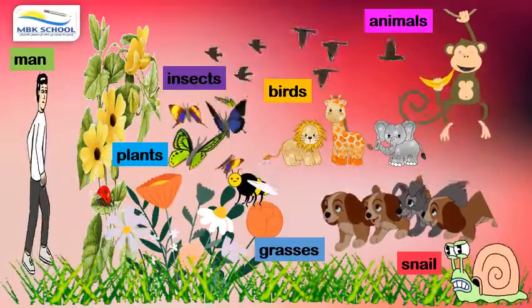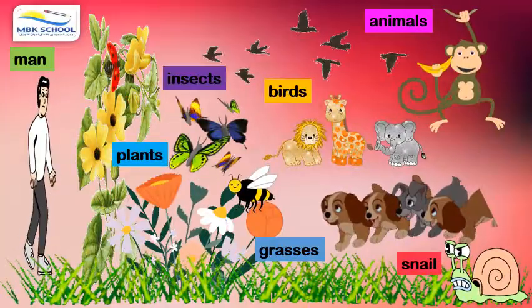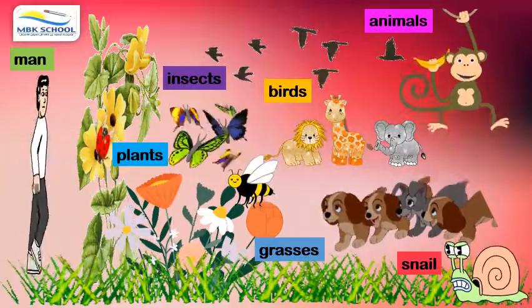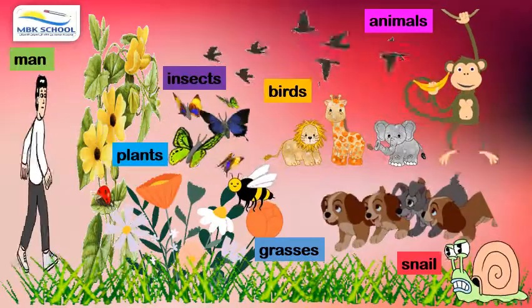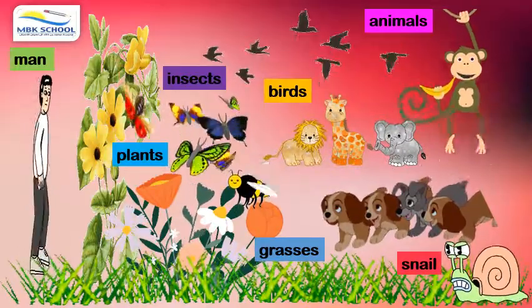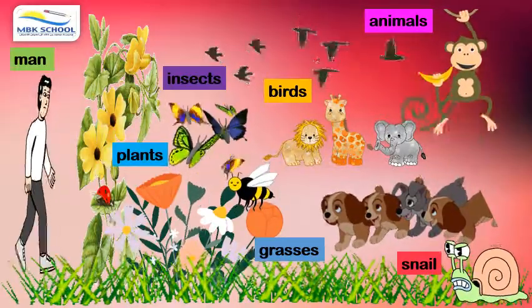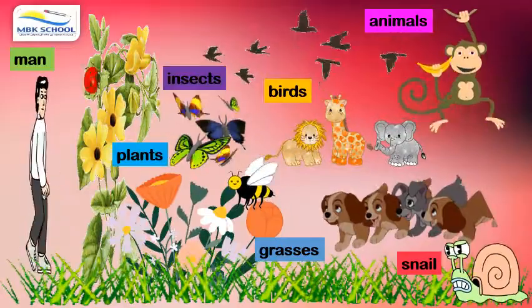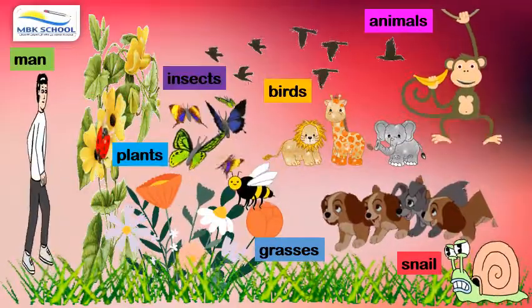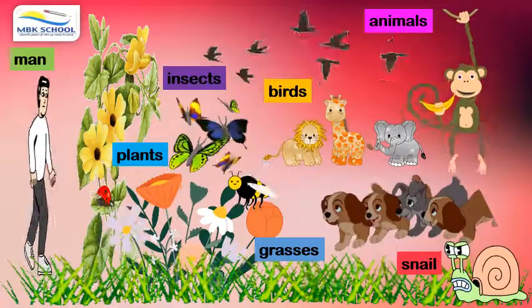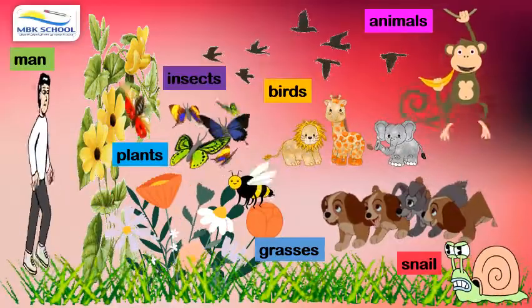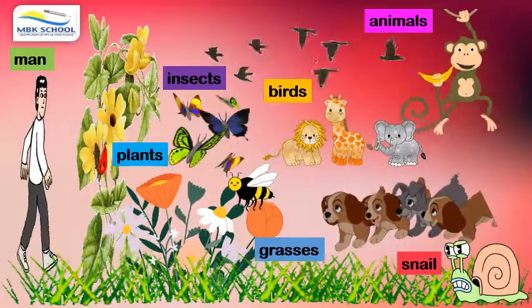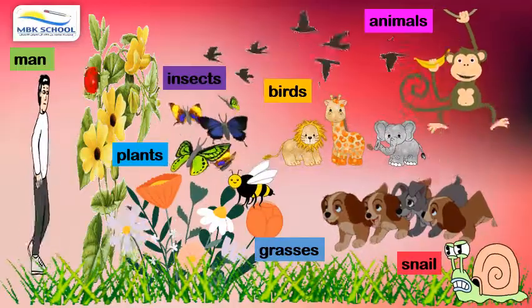If they have life, they need something in order for them to live, right? So what do they need in order to live? They need food to eat, they need water to drink, they need shelter to protect themselves, and they need air in order to breathe.